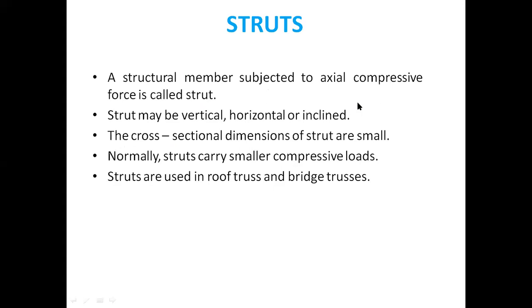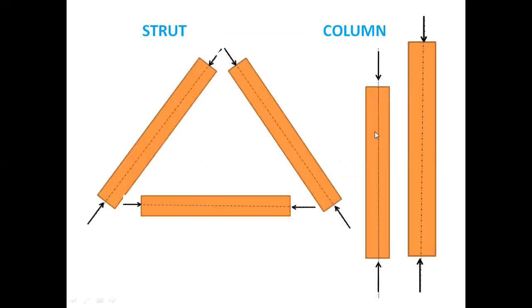Okay, and yeah, so these are the positions of the struts and the columns. So basically columns are vertical members, and columns will be divided into two categories. One is a short column, the other one is a long column, right?